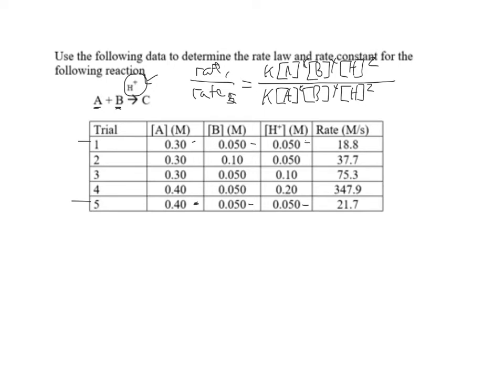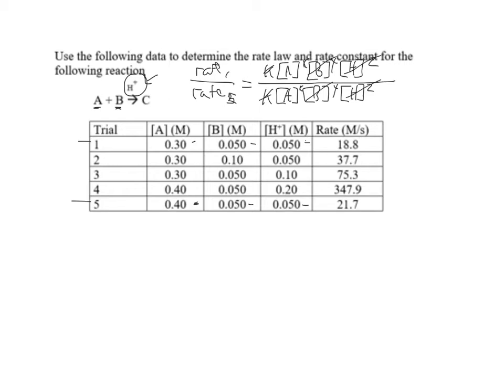Now, since B is constant, if we're comparing trials 1 and 5, B is constant, hydrogen ion is constant, and remember that the rate constant is constant. So now we've got that rate 1 over rate 5 is equal to A to the X power over A to the X power.